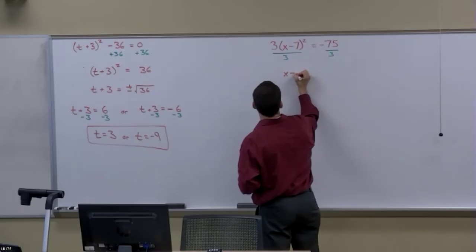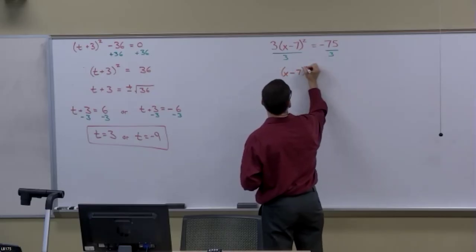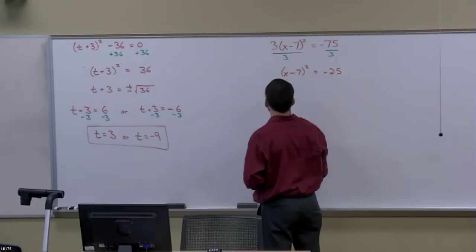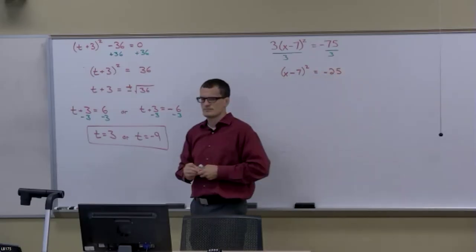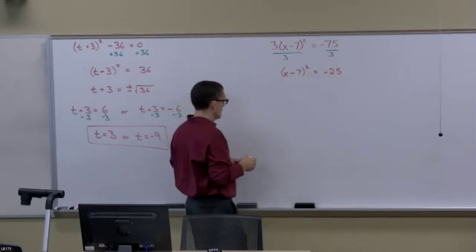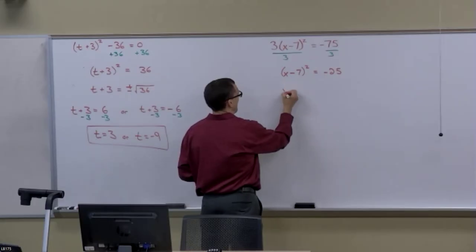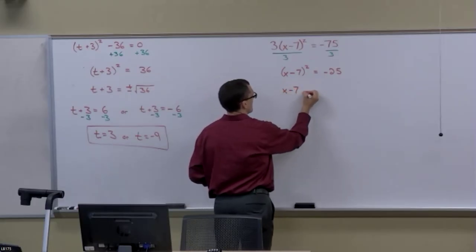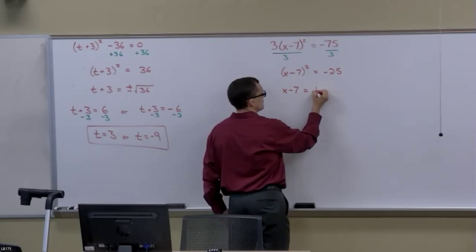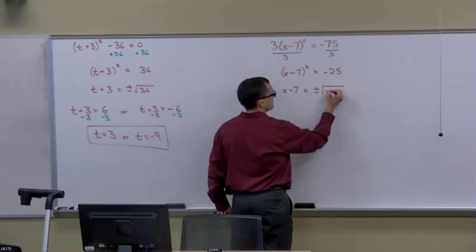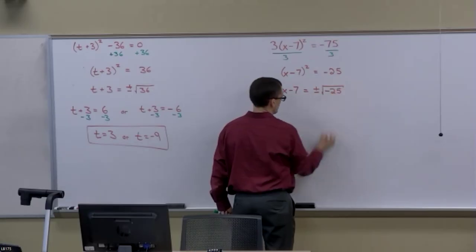We end up with x minus 7 squared equaling -25. Just like before, what we have is that x minus 7 is going to be equal to the positive or the negative of the square root of -25.